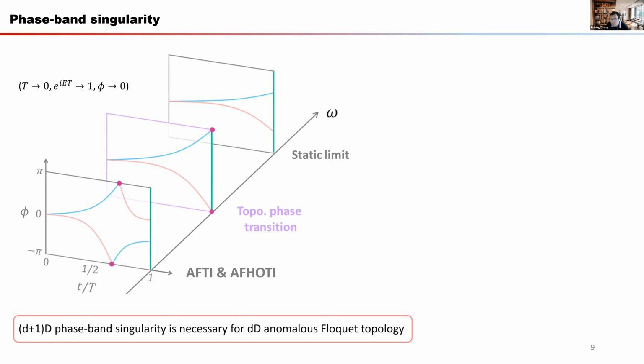The variable t is periodic, just like kx and ky. The band structure is periodic within the first Brillouin zone, and t is somehow periodic too.